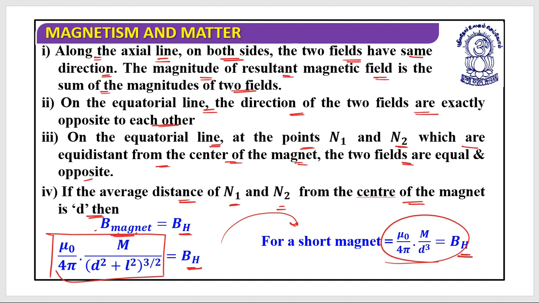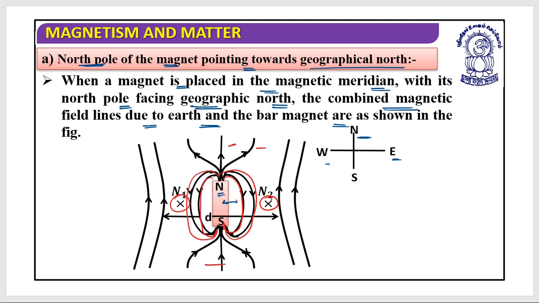I hope this is clear. So when the north pole of the magnet is pointing towards geographical north, I am having null points on the equatorial line.